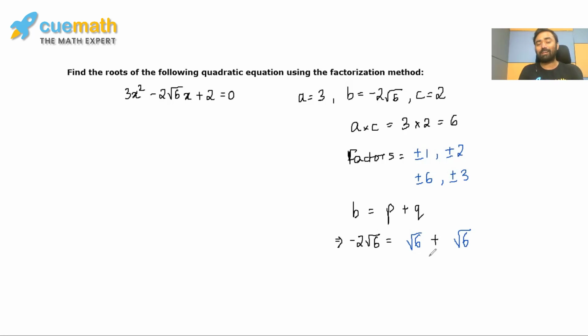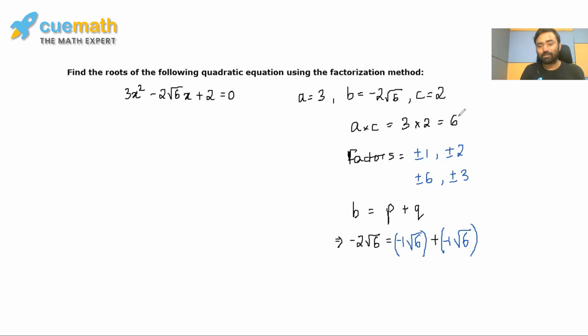Now we get -2. Now what two numbers are we going to add so that we get -2? So it's very clear that if we add -1 and -1, we are going to get -2 square root of 6. So sometimes when we have square roots, we'll have to be a bit smart and we'll have to manipulate the equations which we have like this.